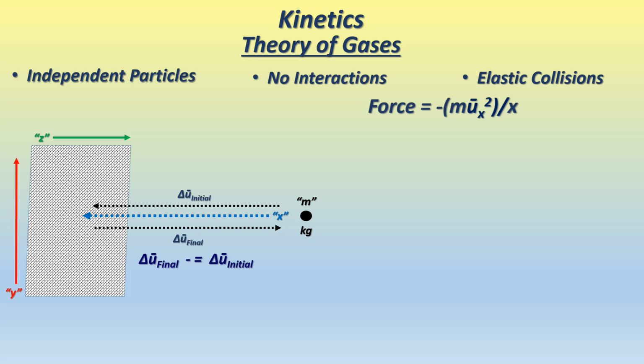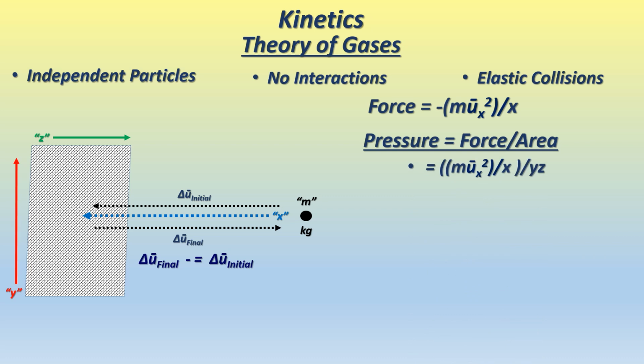If I want to look at pressure, pressure is force over area. So it's going to be, first of all, you lose the negative sign because the pressure is being felt by the wall, not the particle.